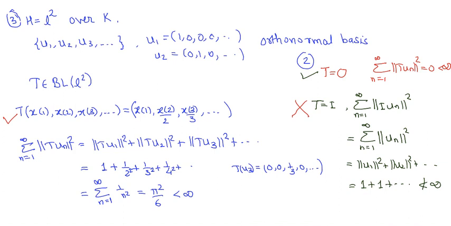Okay, so let us consider what I said. Let us consider a fourth example. Let again H equal L2 over K, R or C, and we take the standard orthonormal basis u1, u2, u3 for L2.